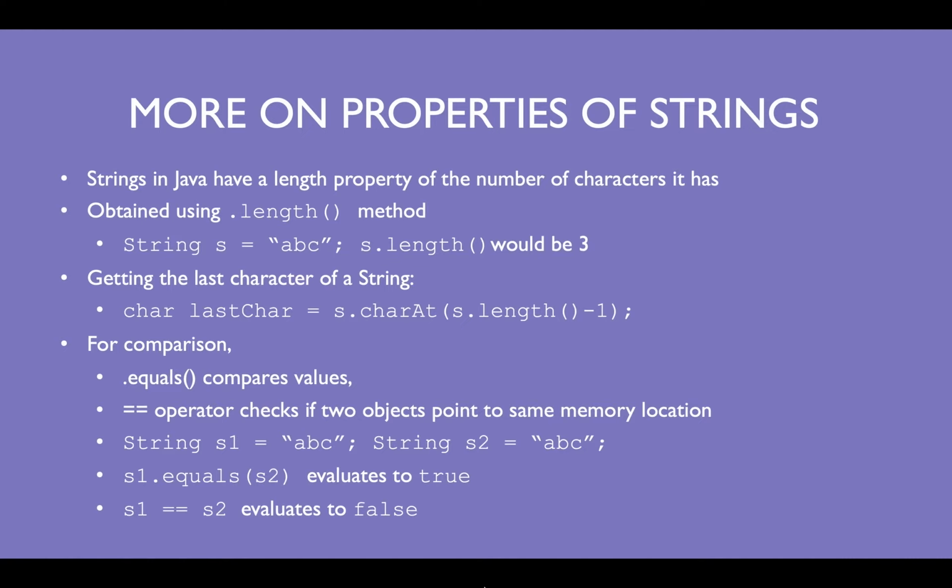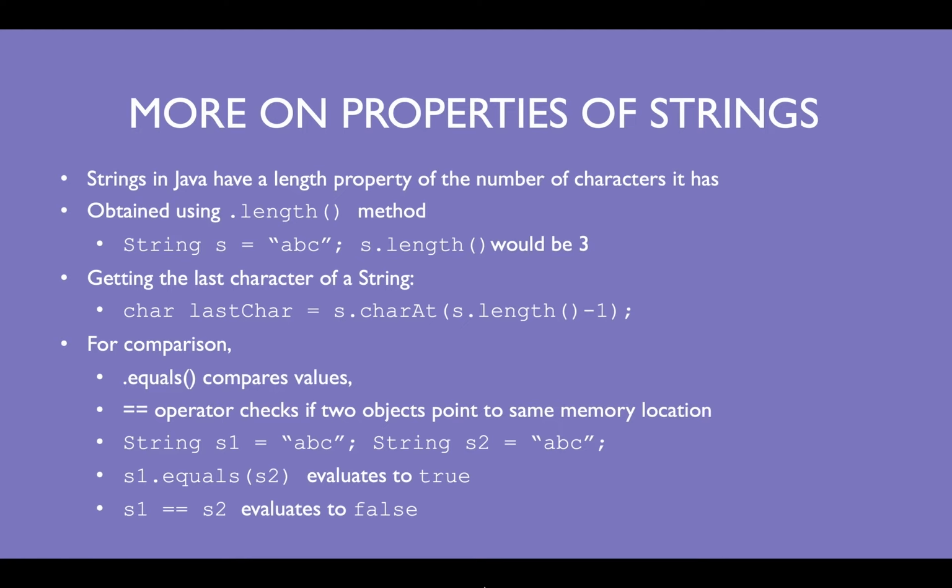So for this block of code, if we declare string s1 to be abc and declare string s2 to be also abc, if we do s1 dot equals s2, that expression will evaluate to true. This is because the contents of the string are equal. They are both abc. However, if we evaluate this expression s1 equals equals s2, this evaluates to false.